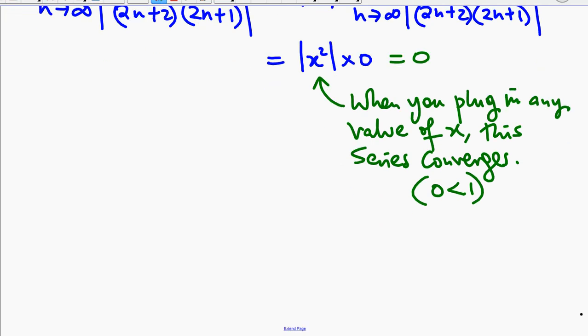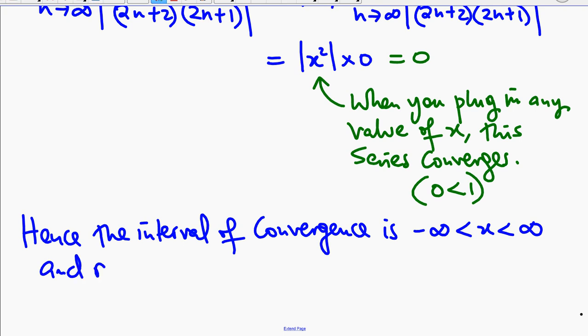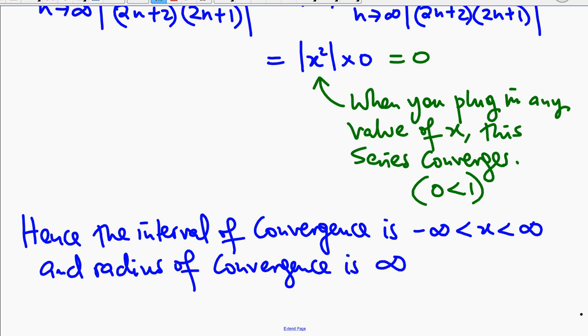So we can make our conclusion and say, hence the interval of convergence is negative infinity to infinity, and radius of convergence is infinity. All right.